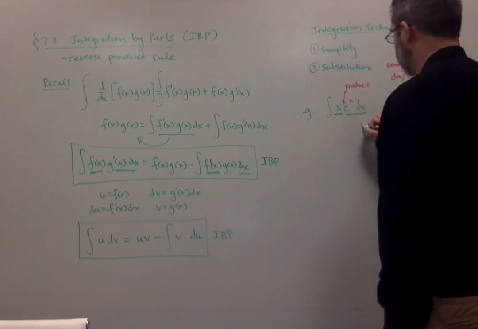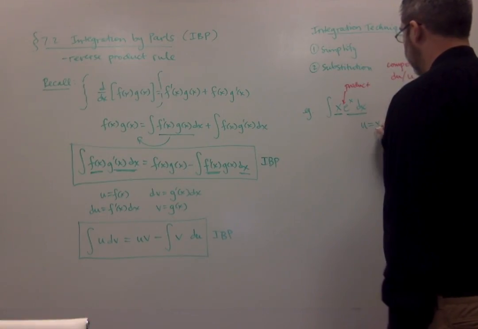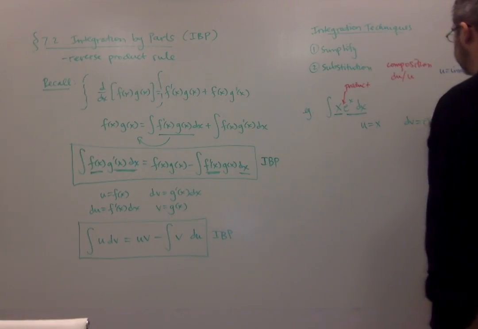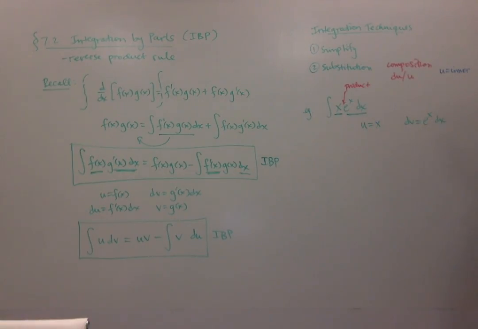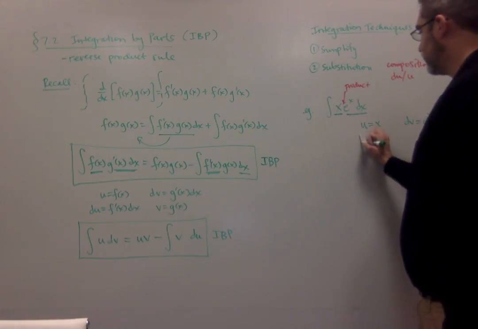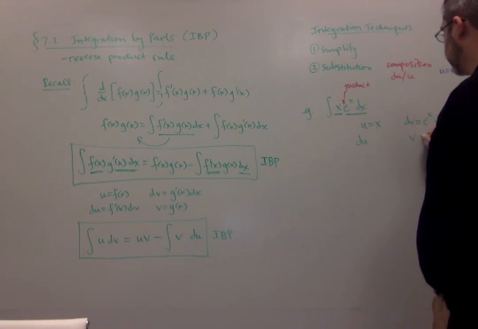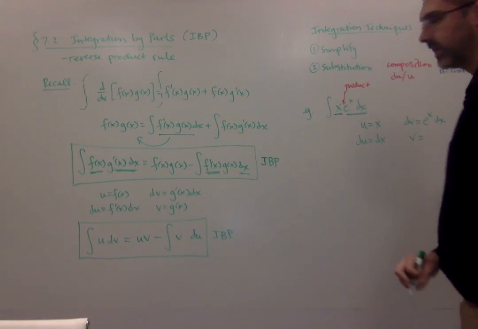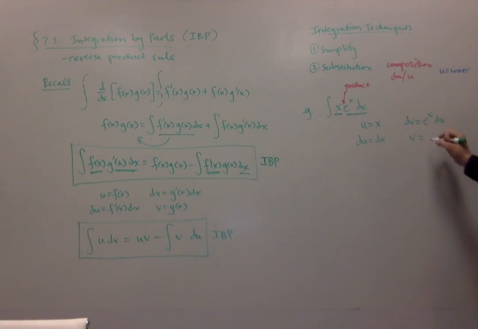But I'm going to let u equal this first function x, and dv is going to be e to the x dx. Okay. So now what I need to compute is what du is and what v is. Now if u is x, then du is dx. So that's easy. V, if dv is e to the x dx, then the original function v is just e to the x, right?